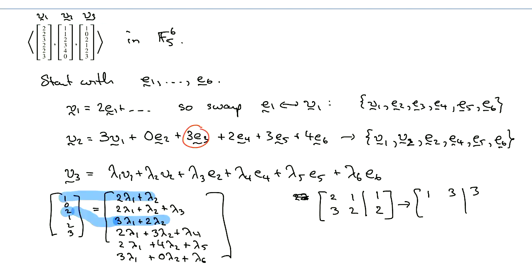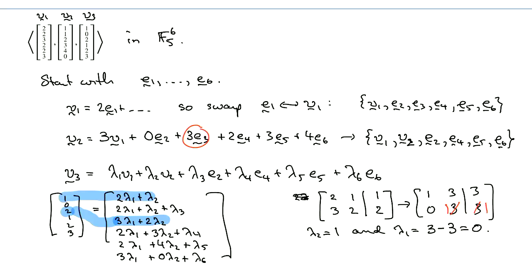And then I'll just subtract off, indeed, 3 times that row. 2 minus, or maybe I should just add, sorry, I'm going to add the previous row, that's even better. 3, 3, which then becomes 1, 1. So now I think I'm in business. So now I know that lambda 2 equals 1 and lambda 1 equals 3 minus 3, which is 0.